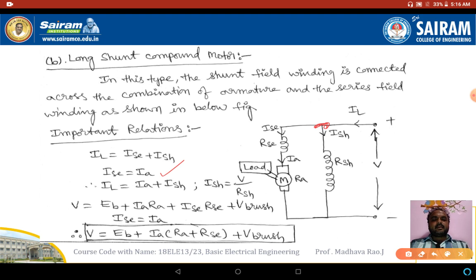ISH is V divided by RSH. Coming to the terminal voltage, V is equal to EB plus IARA plus ISC RSC plus V brush drop, so V is equal to EB plus IA into (RA plus RSC) plus V brush drop. So this is about the long shunt DC compound motor.